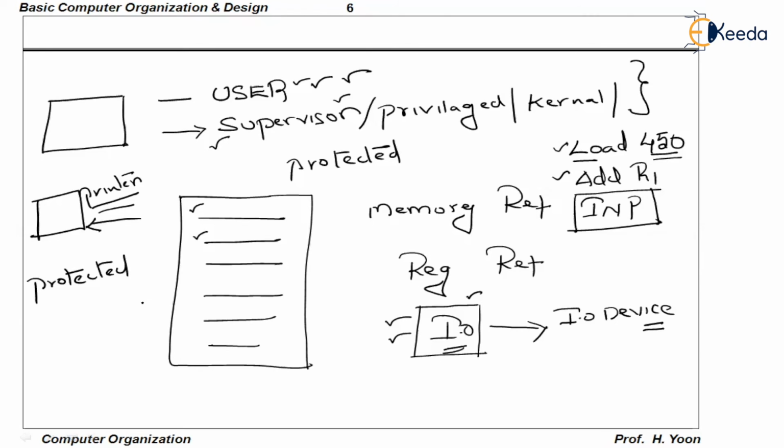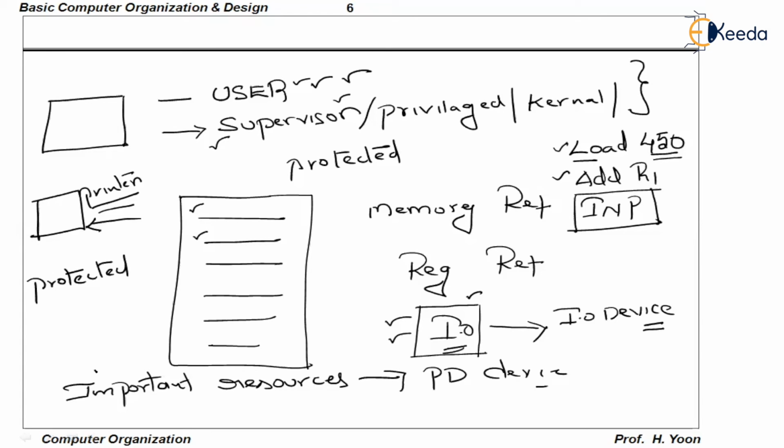All the peripheral devices are important resources to the system. These resources should never be damaged. When the user is allowed to access these resources directly, these resources may be damaged.